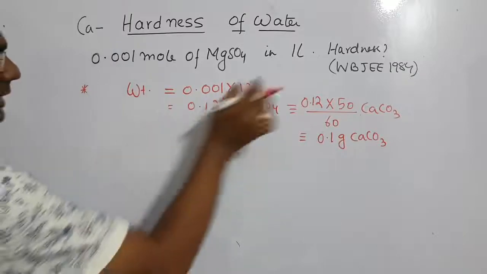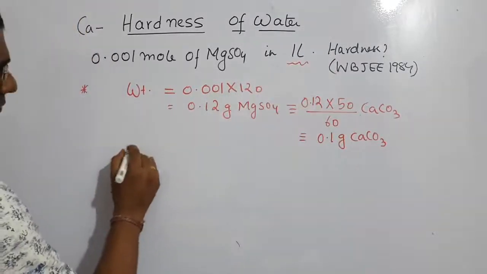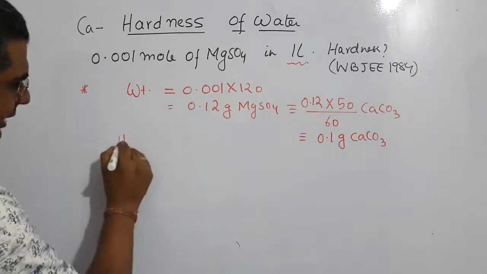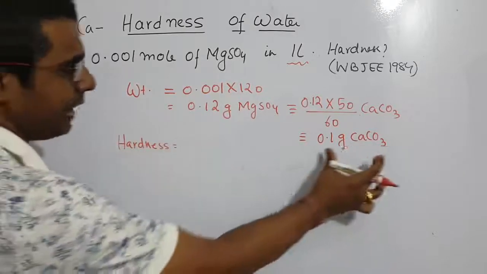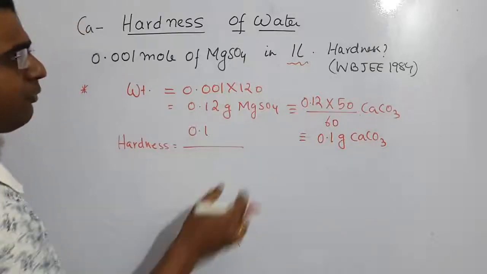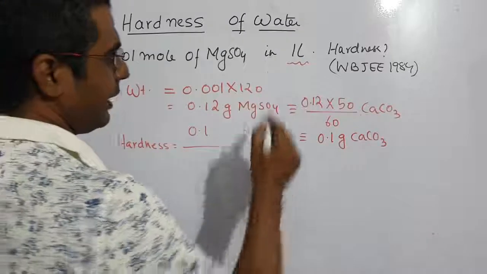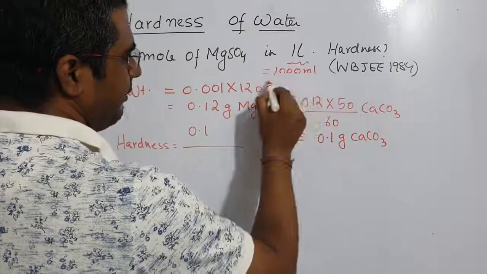Next, this is 1 liter, that means the solution is 1 liter. So the next part is to find out the hardness. We know the hardness formula already. Hardness is the weight of CaCO3, 0.1 gram, divided by the weight of water. This is 1 liter. Now what is the density of water? First of all 1 liter means 1000 ml. 1000 ml means 1000 cc.